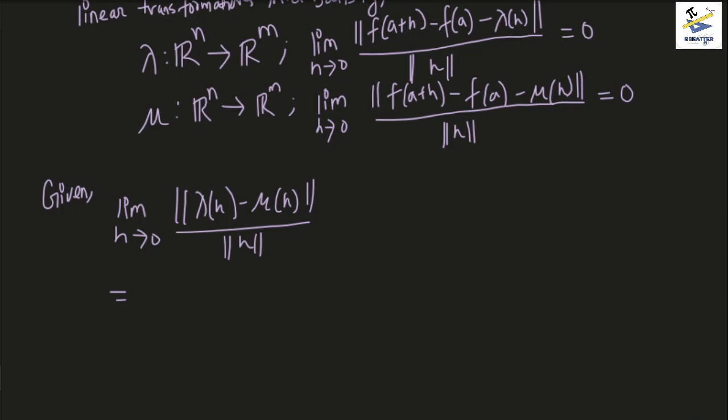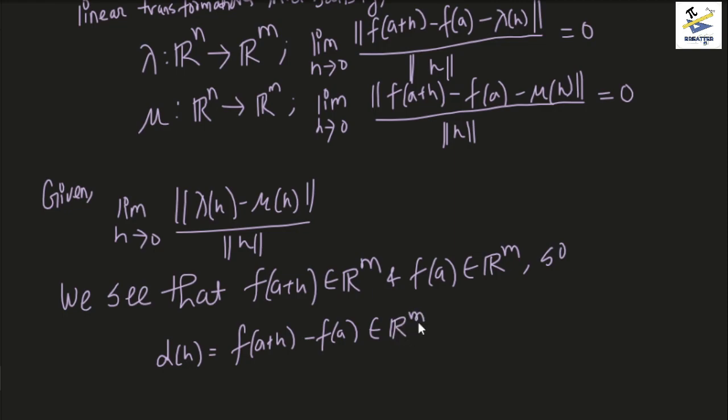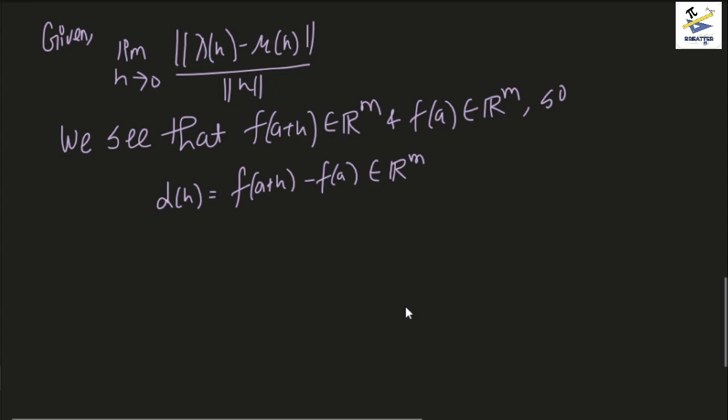So let me erase this part, and what we need to do here is, if we set d of h equal to f of a plus h minus f of a, which also belongs to R to the power m, we can write the limit which we want to calculate as follows.